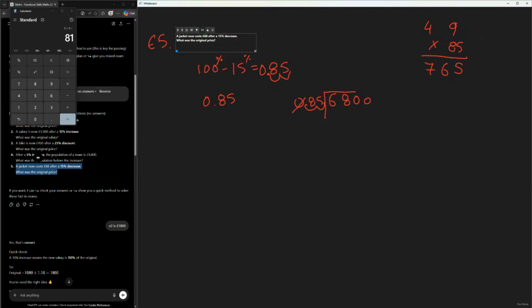So this doesn't fit, then we go with the 8 times 85. 8 times 8 is 64 plus 4, 68. So we need 8 for 680.